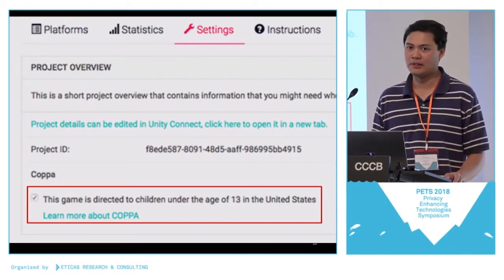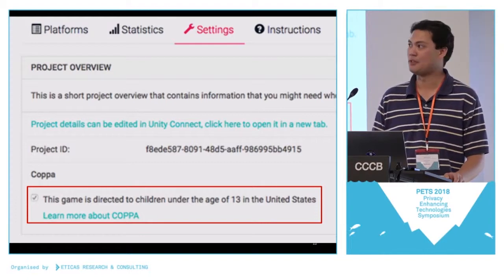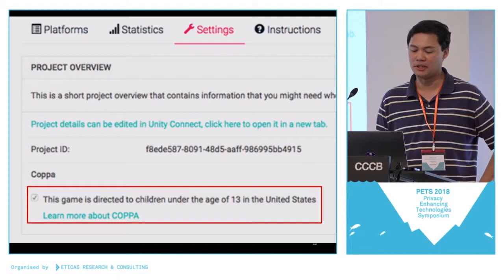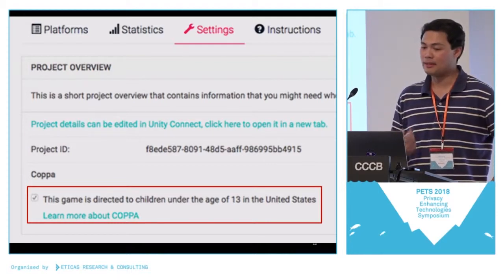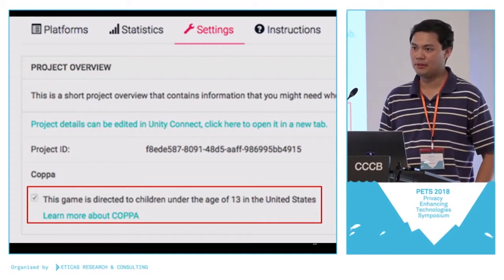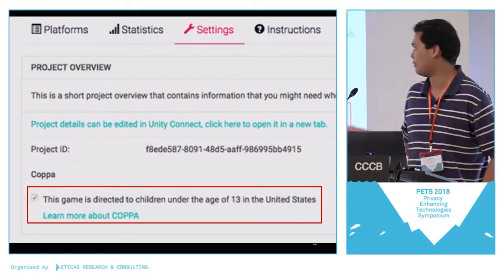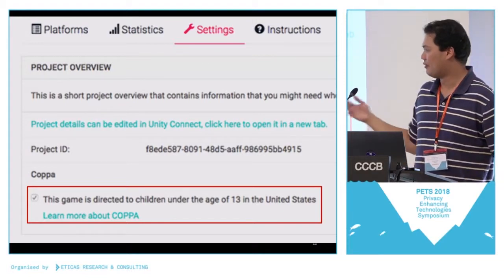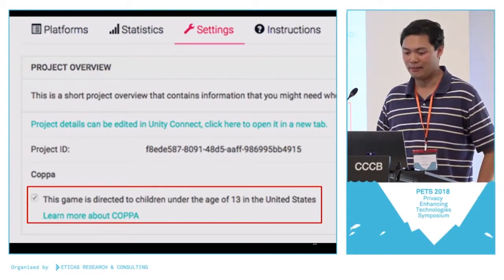And so some of these services have allowed developers to specify that, yes, this SDK is going to be integrated into a children's app. This allows the SDK to adjust its data collection behaviors in compliance with the law. So for example here, this is for the Unity game engine. Developers can say, I'm building a game for kids.